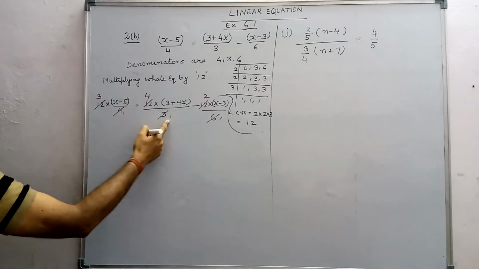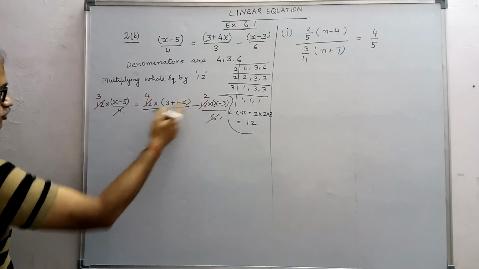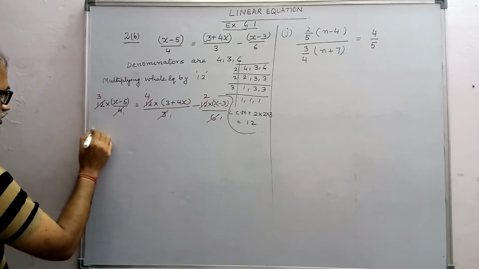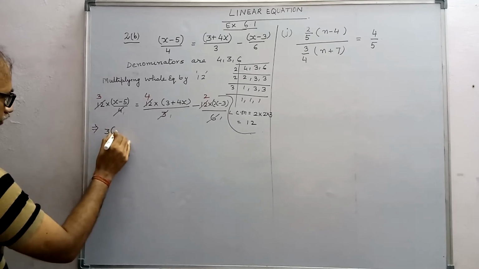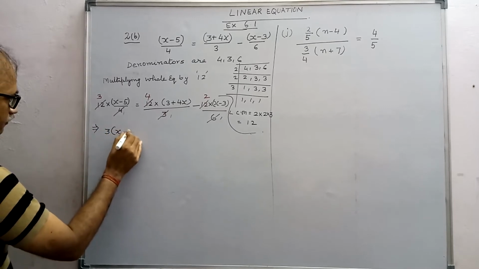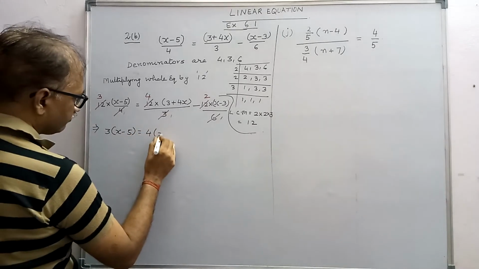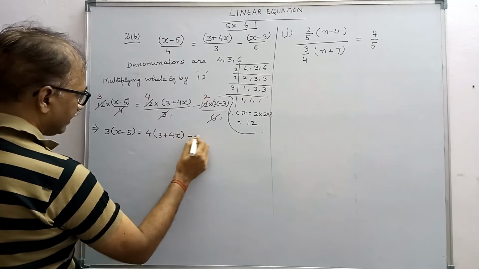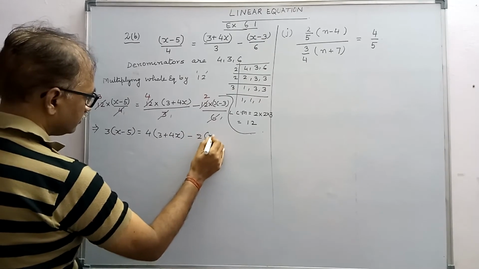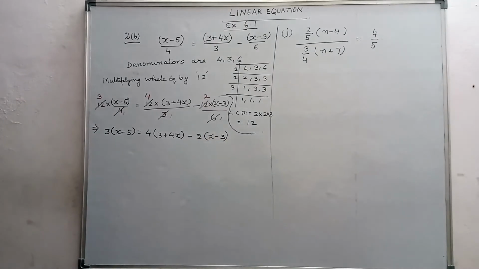So in the denominator you are getting 1 here, and 4 3s are 12, 3 4s are 12 and 6 2s are 12. Now 3 has to be multiplied by x minus 5, 4 has to be multiplied by 3 plus 4x, minus 2 times x minus 3. So this you will get.